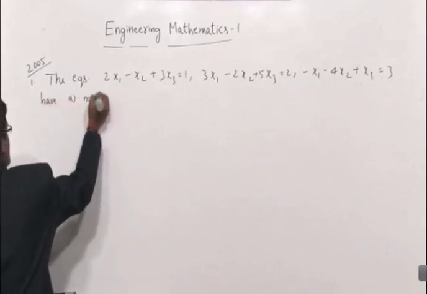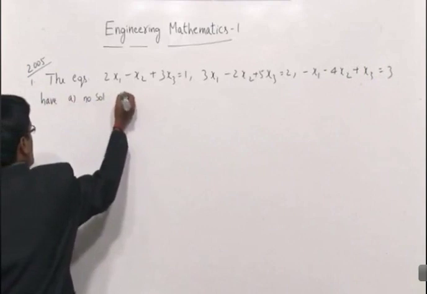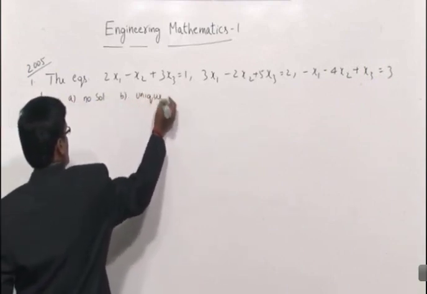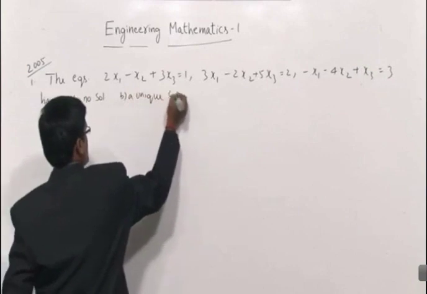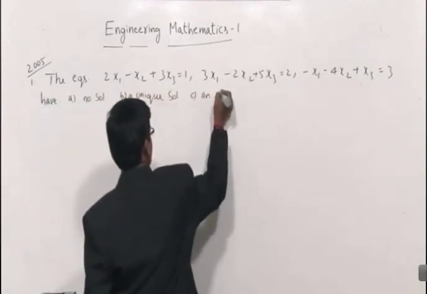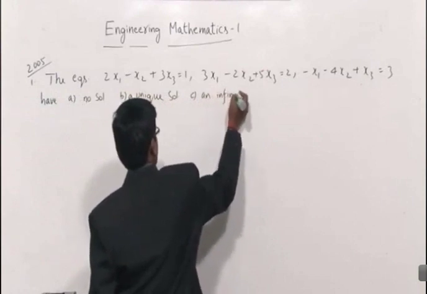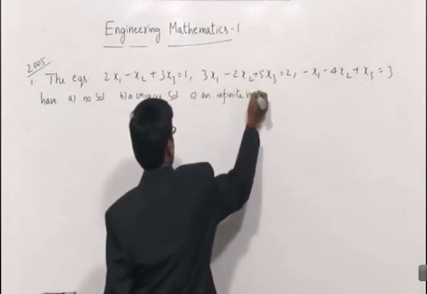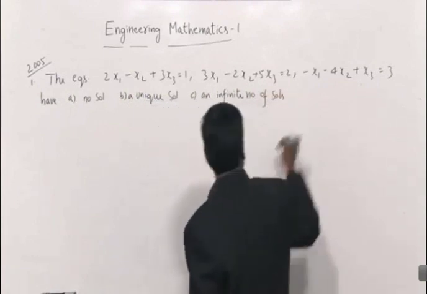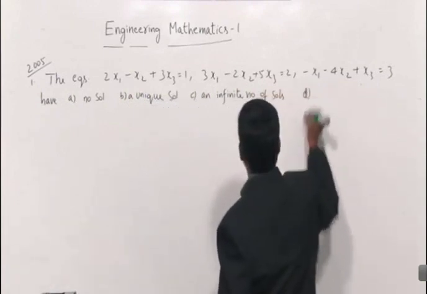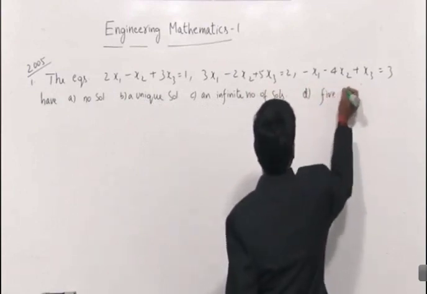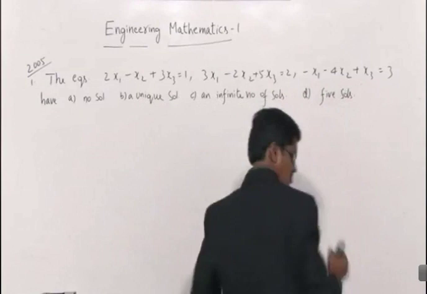Option A, no solution. Option B, a unique solution. Option C, an infinite number of solutions. Option D, 5 solutions.